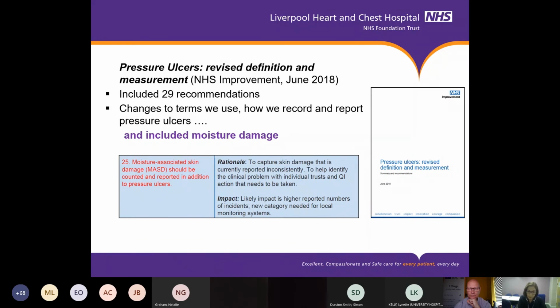If as an organisation you have systems in place to know how much MASD is developing and what extent of a problem you have, then this recommendation is prompting you to start thinking about quality improvement initiatives to reduce your incidence, which is what we try to do.